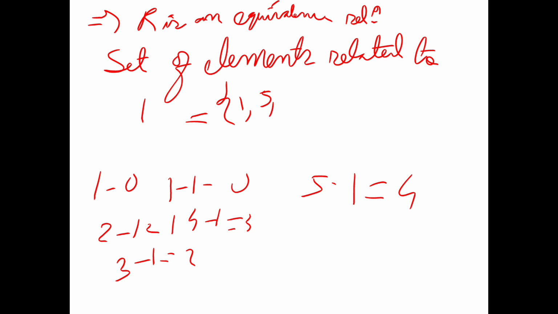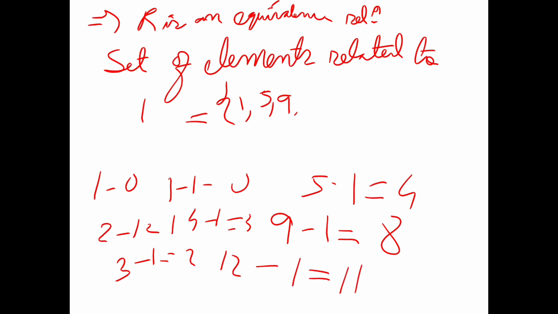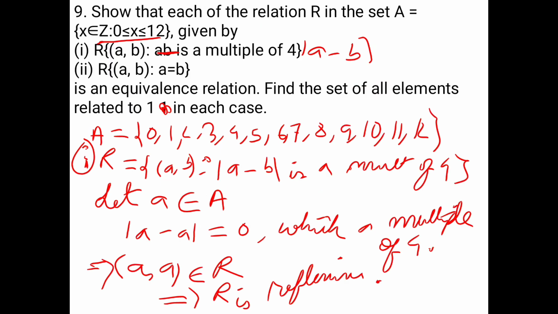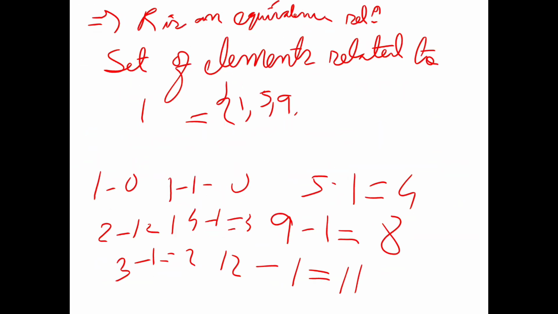Similarly 9 minus 1 is 8, a multiple of 4. 10, 11, 12: 12 minus 1 is 11, not a multiple of 4. Up to 12 the elements related to 1 are 1, 5 and 9.